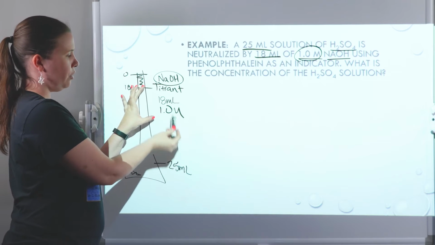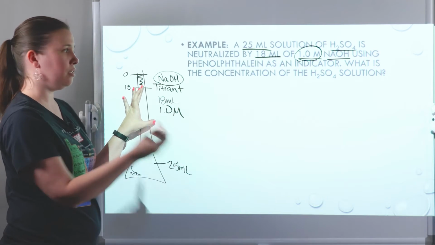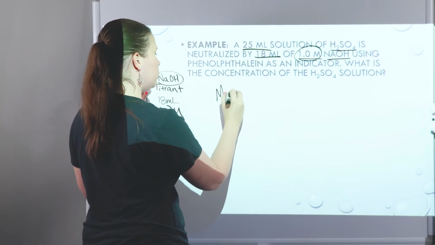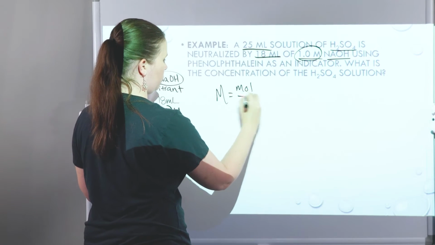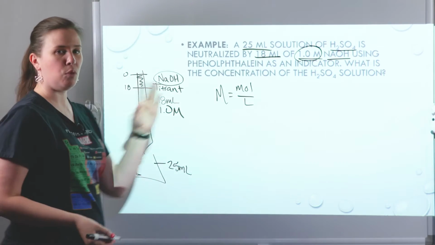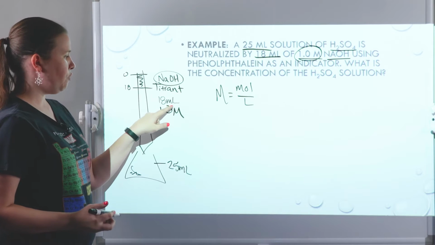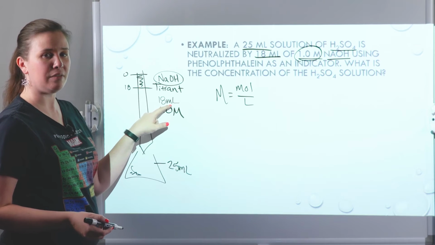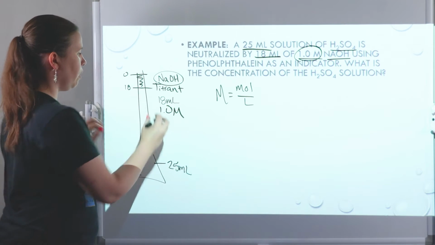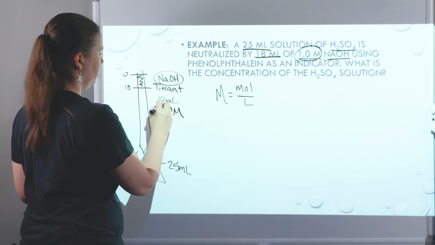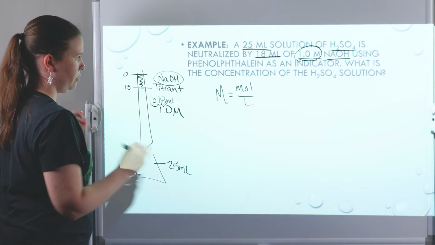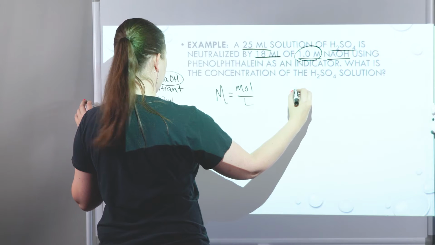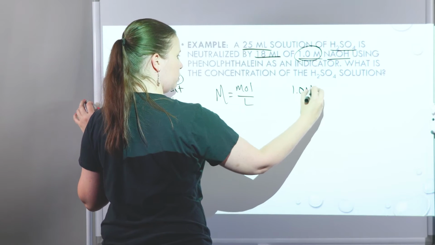So you start with what you know the most about, the titrant, which in this case is the sodium hydroxide. So using the molarity and the volume, I can find moles using the molarity equation. Molarity is moles per liter, but you do have to be careful because the problem did give us milliliters. So we are going to have to move our decimal back 3 places. So let's plug in the molarity of 1.0.